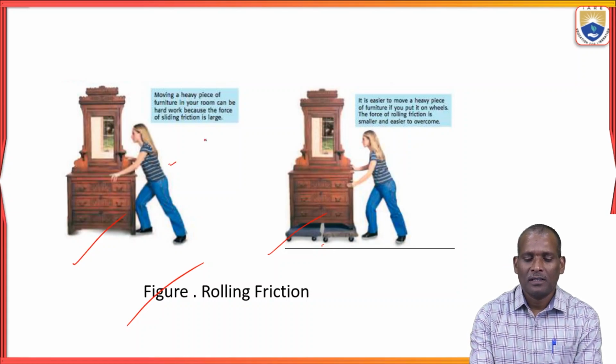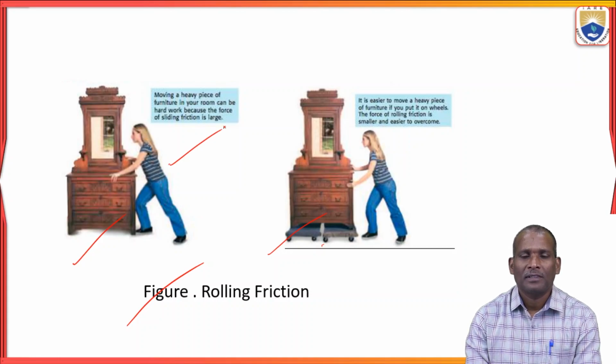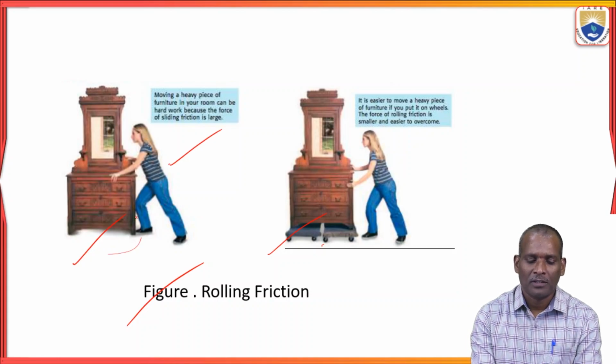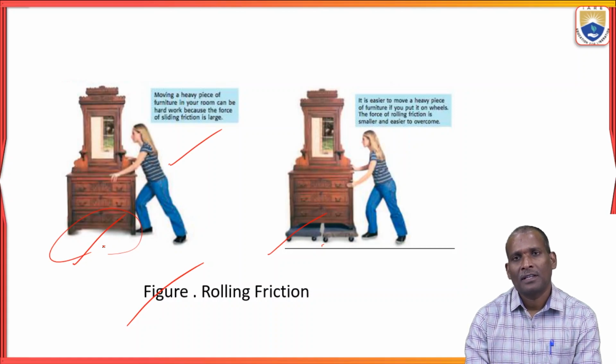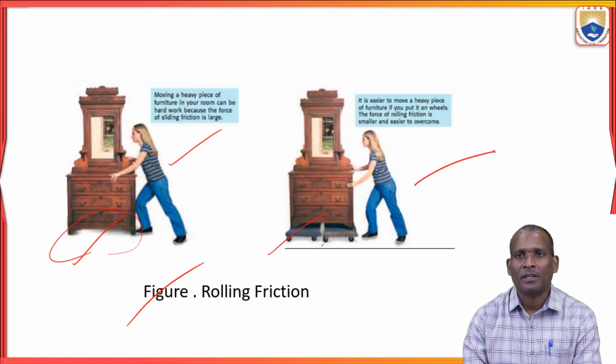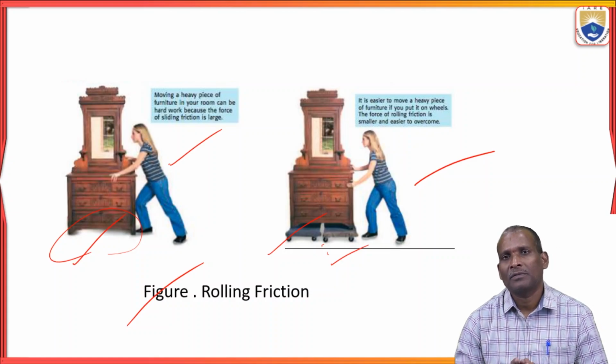So here, more effort is required and more friction will be generated. Here, less effort is required, and compared to the previous one, less friction will occur between these two surfaces. So this is the difference between static friction and rolling friction.